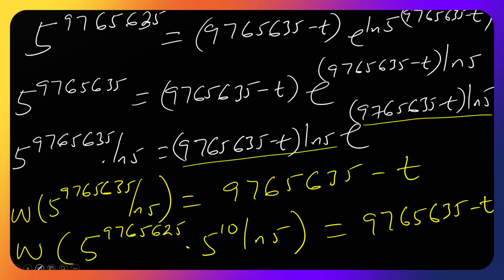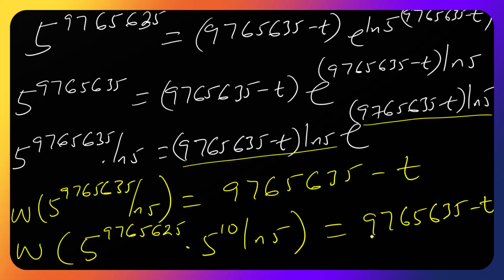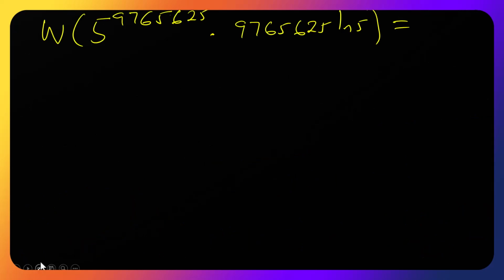On the calculator, that will give us exactly this: 9765625 ln of 5. So we have this equals to, now let's call this one m, so that the writing will be easier.